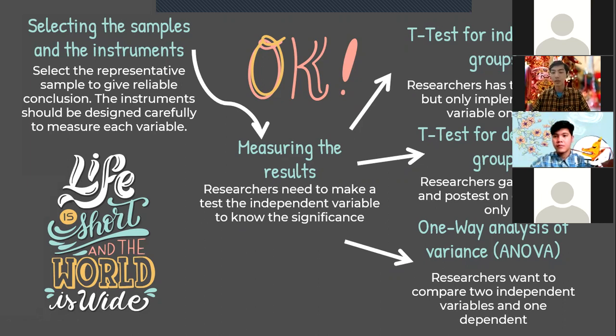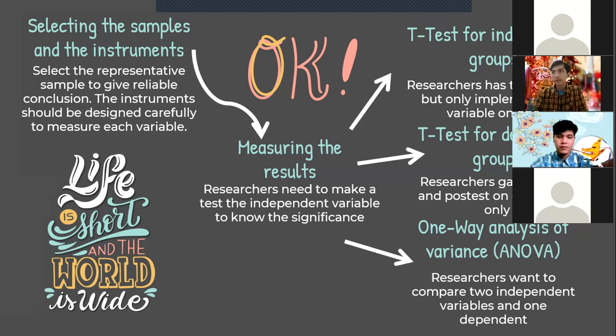So we have two classes, but we just implement the treatment on one class, like Miss Julie said before in the example. The second one is t-test for dependent groups. Researchers give a pre-test and post-test on one object only. The third test is one-way analysis of variance, or ANOVA. Researchers compare two independent variables and one dependent.